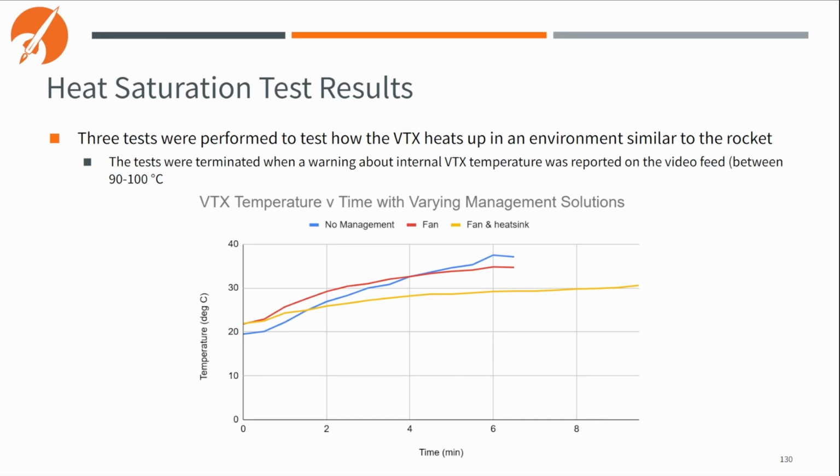So in the future, we are planning to run more tests and acquiring equipment to measure the internal temperature of the VTX so that we can record that, as that seems to be the greater blocker than the ambient temperature.